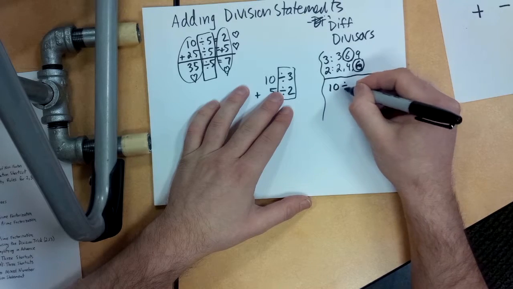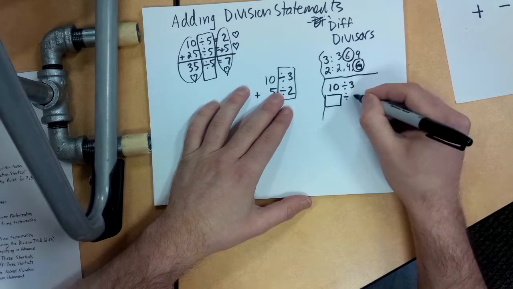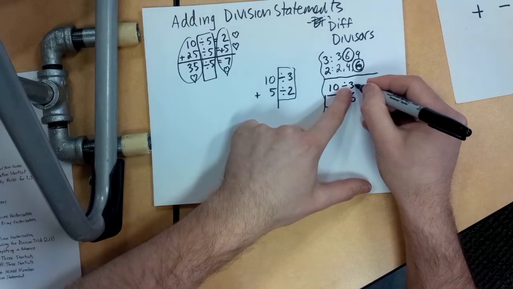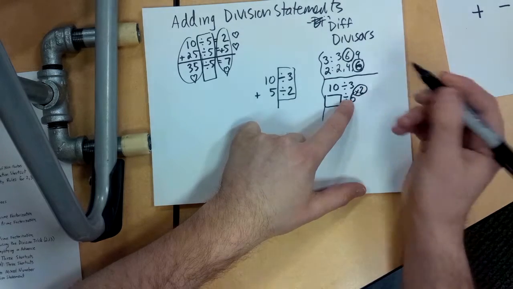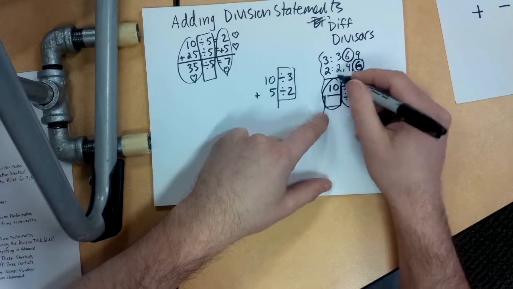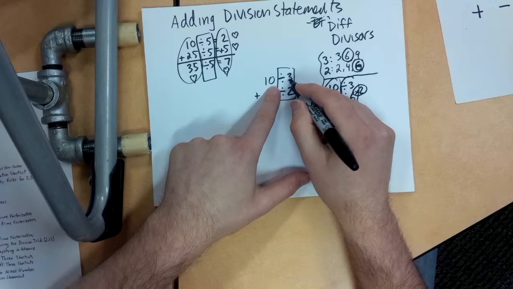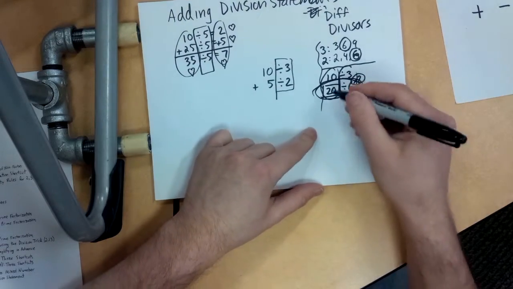If I know that 10 divided by 3 needs to be written as something divided by 6, I need to ask, how did I get from 3 to 6? In this case, I times by 2. So if I times by 2 here, I have to times by 2 here. 10 times 2 is 20. So 10 divided by 3 is renamed to be 20 divided by 6.